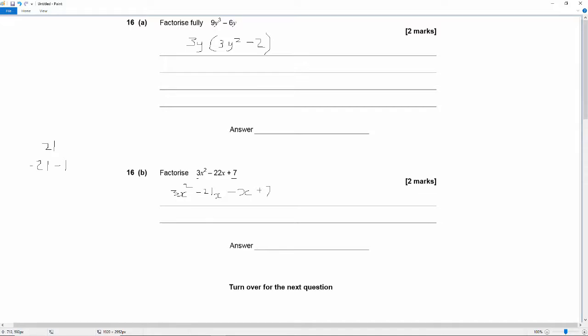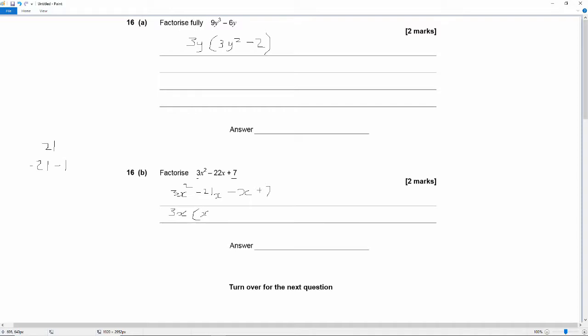And now I can factorise the first half. I can pull 3x out of these two terms. So this is 3x. This is very similar to the exercise we did in part A. 3x into, so 3x into 3x squared is just x.